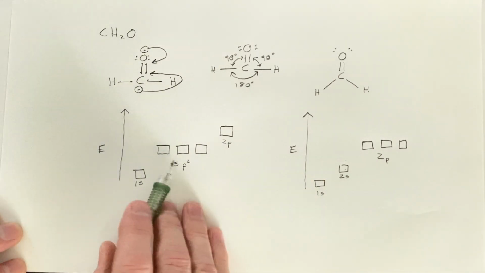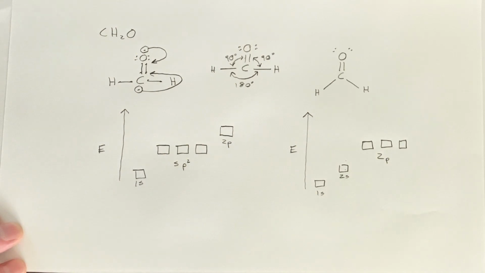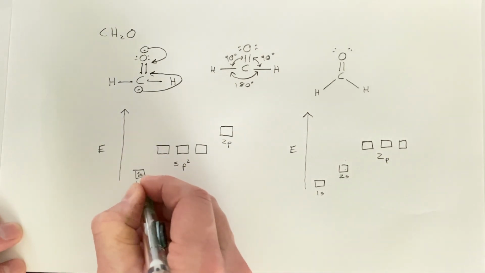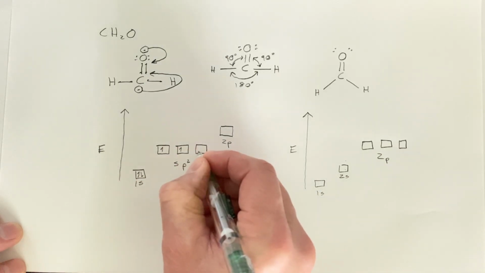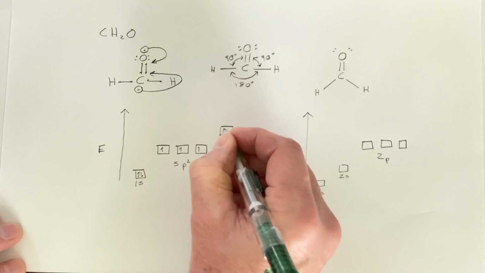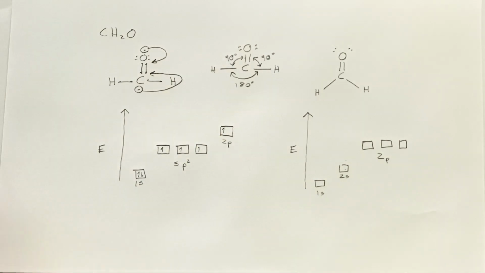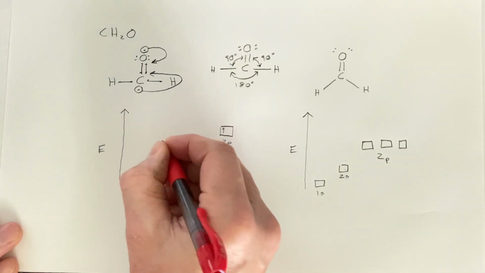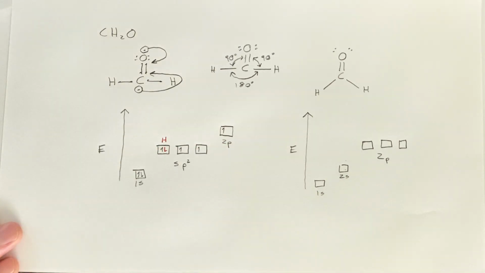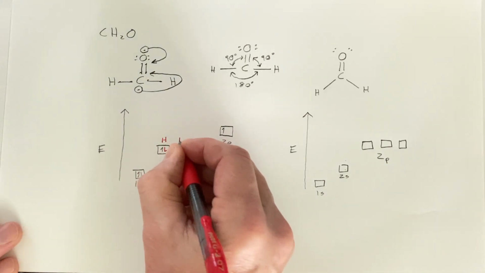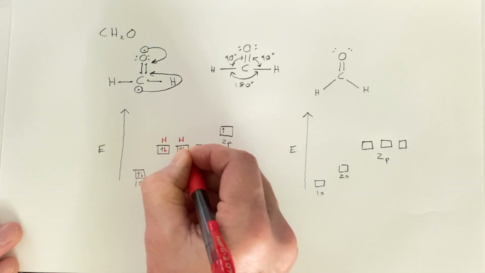So we would look at this and say, all right, let's go ahead and place in the electrons for carbon. We have 1 electron, 2 electrons, 3, 4, 5, and 6 electrons. We will place an electron for this hydrogen in the first hybrid orbital, an electron for the second hydrogen atom in the second orbital.